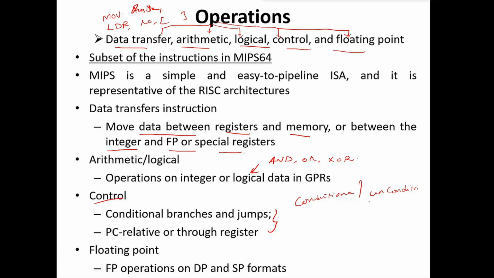It may depend on some condition, or it may not. Say, for example, I give branch equal. Clearly that is a condition: only when something is equal will the branch be taken. But if I just add R0, R1 and then give a jump, is there any relationship between these two instructions?